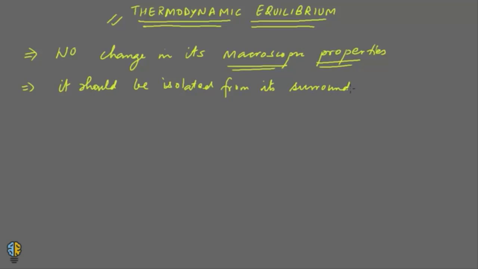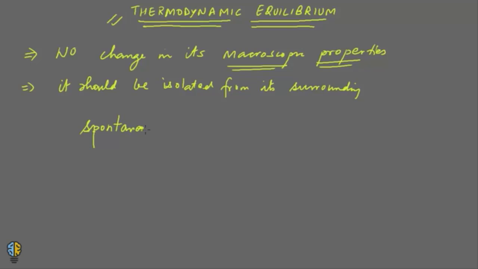Now, if you talk about an isolated system, it will reach a state of thermodynamic equilibrium in a certain amount of time, or in a finite time. But once it exists in a state of equilibrium, it cannot depart from that state spontaneously. So this word spontaneously comes into the picture now.